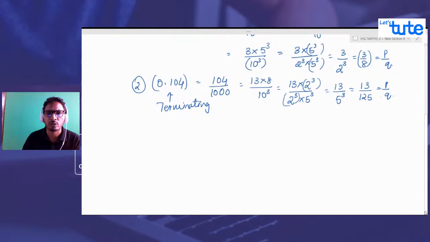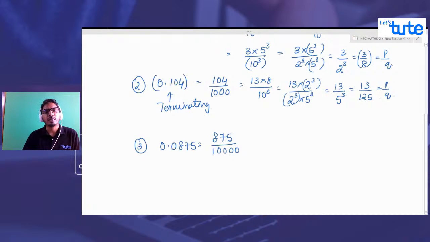It's better to take one more example. Let me take 0.0875. Now this will be 875 divided by 10000.